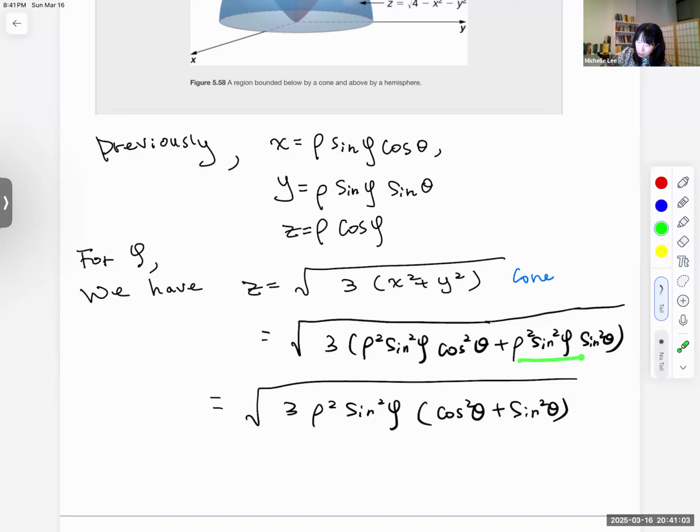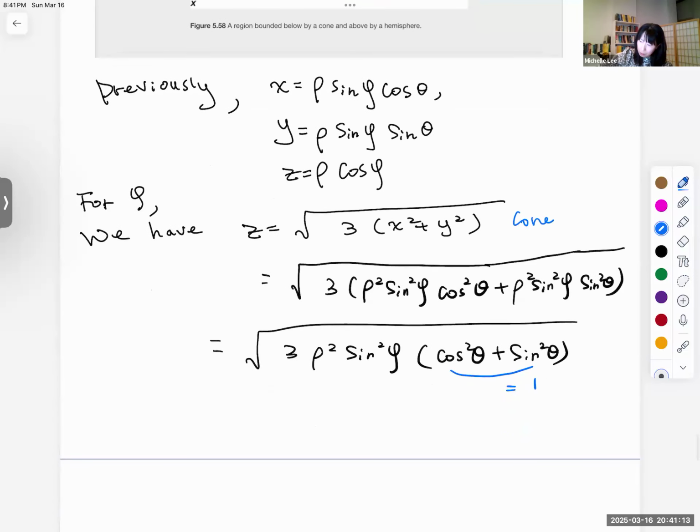So we can factor out, right? We know that this is one. So in one step we can make it square root of 3 times rho, not squared, rho sine phi. Yeah, that's the answer.